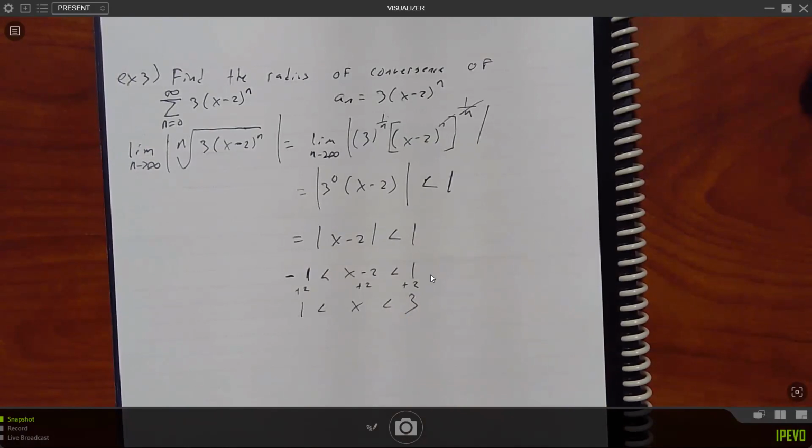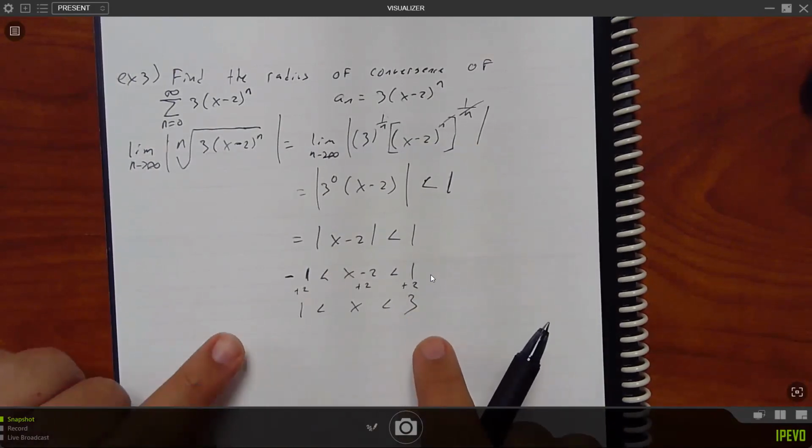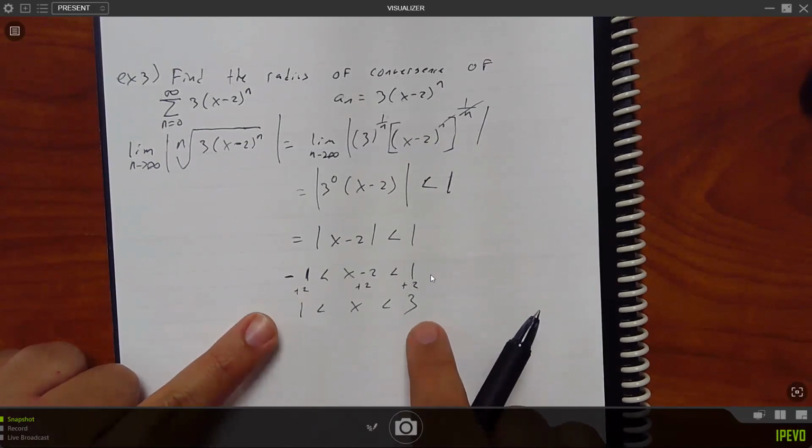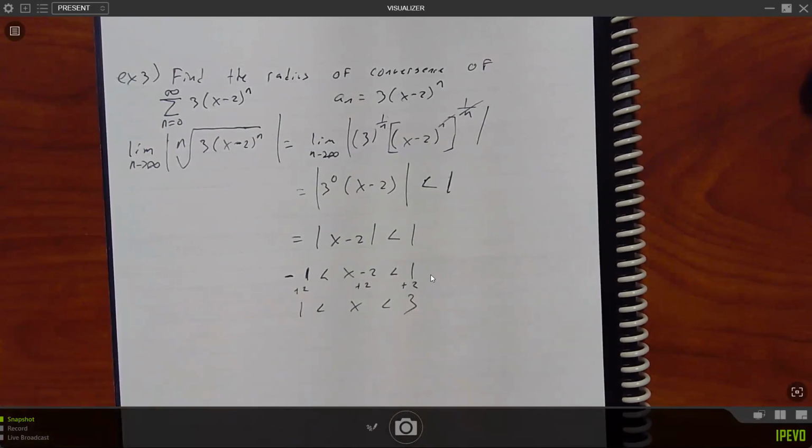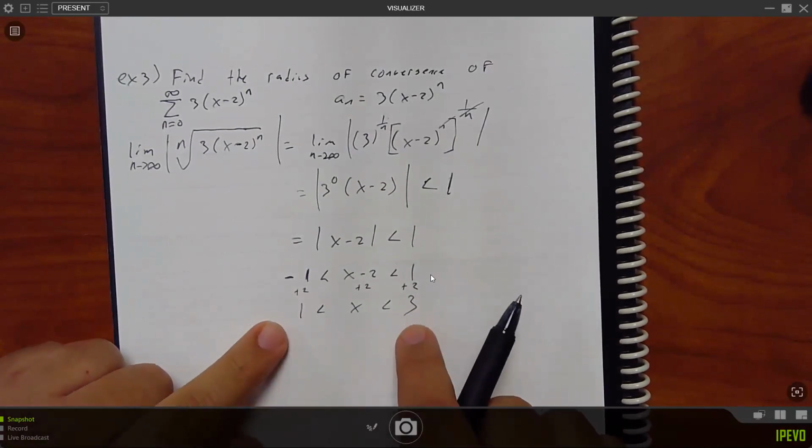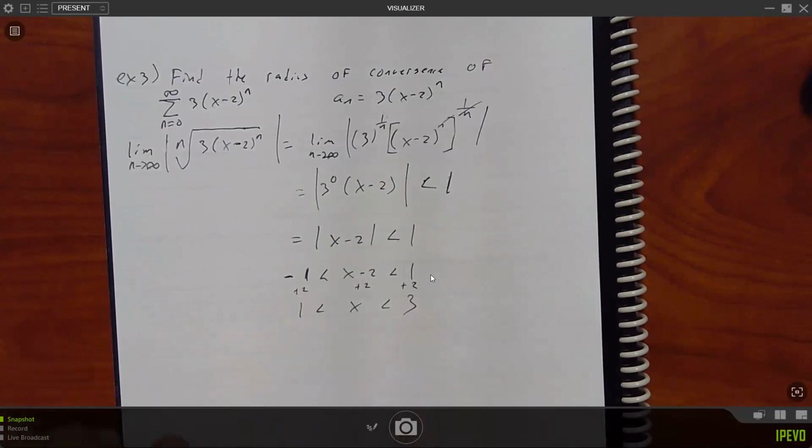So this right here is the interval of convergence, although I do not know if the endpoints are okay. I only know the inside's fine. So I'm gonna have to test for it. But right now we have a section that's good. In between is fine. Okay.